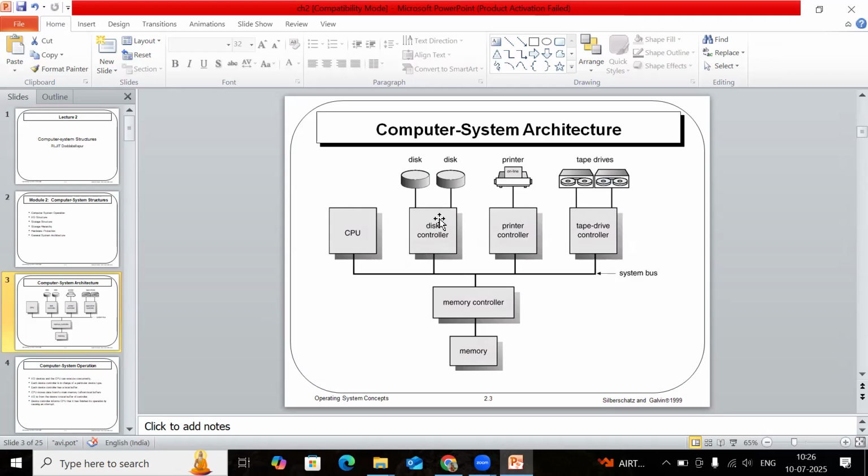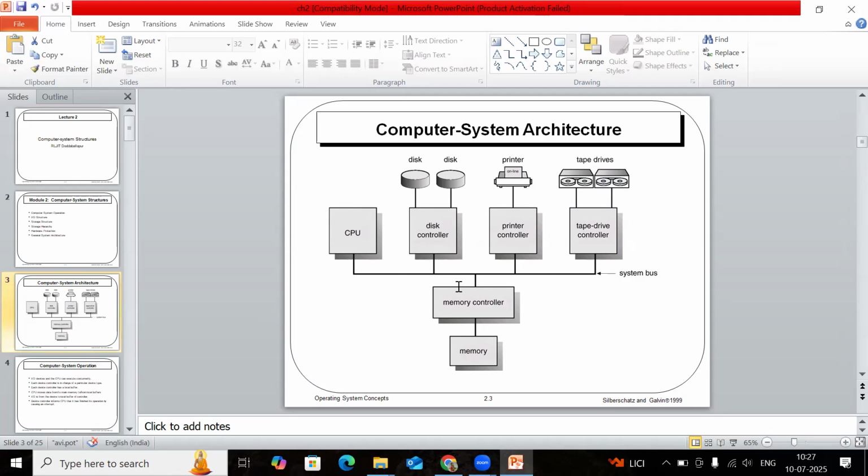The disk controller is in charge of the disk, the print controller is in charge of the printer, and the tape drive controller is in charge of the tape drives. The CPU shares the memory through the system bus.